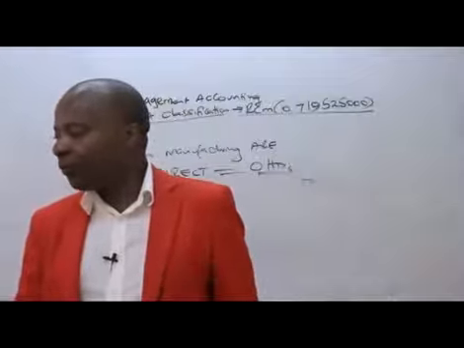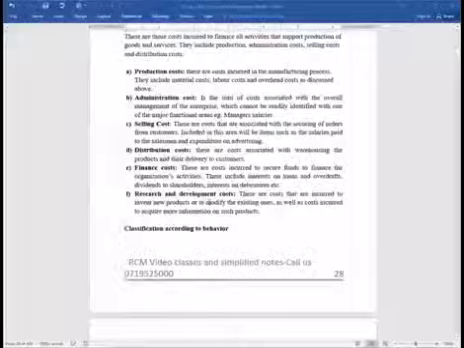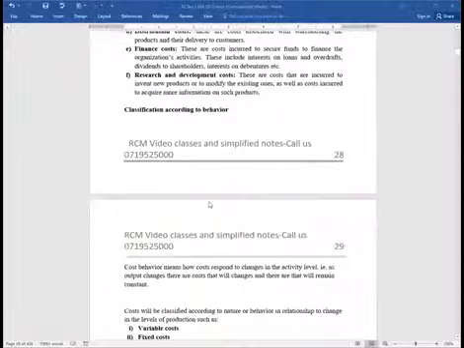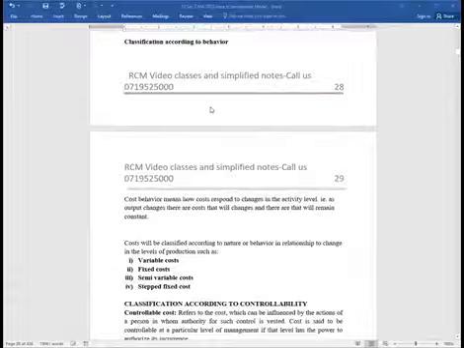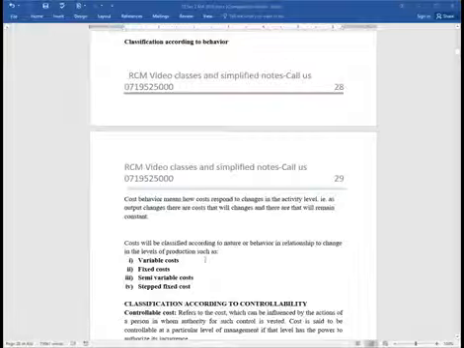Now we go to this other classification that we call behavioral classification, according to cost behavior. How do these behave? Ladies and gentlemen, costs will be classified according to nature or behavior in relationship to change in levels of production, such as variable cost, fixed cost, semi-variable cost, and then the stepped fixed cost.